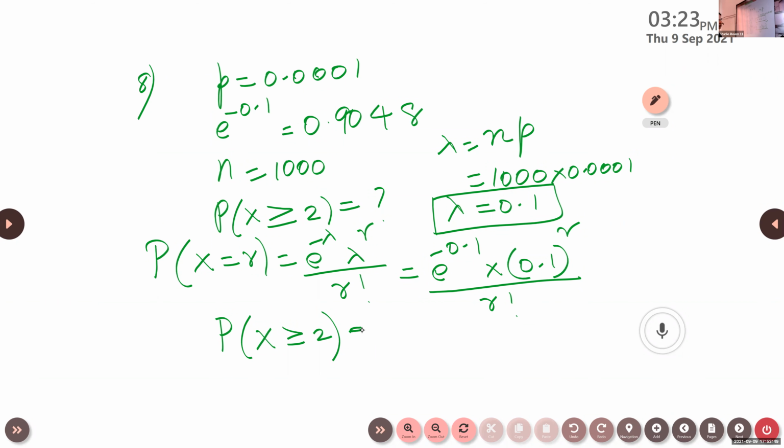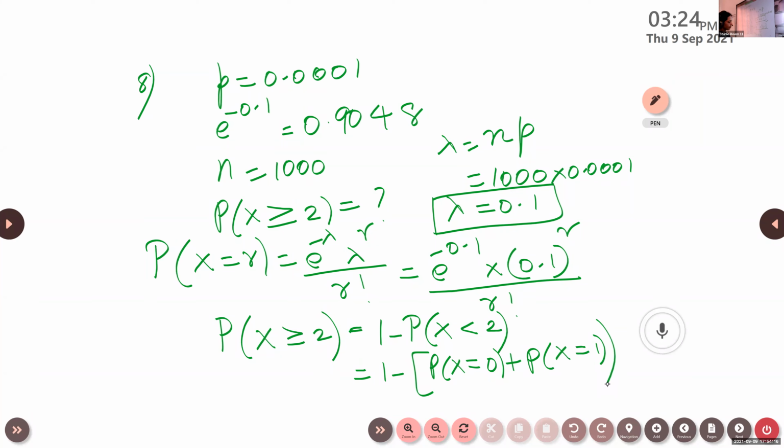P of x greater than or equal to 2 will be the same as 1 minus P of x less than 2. Is it correct? It's the complementary. X less than 2 means what are the possibilities? X can take 0, x can take 1. P of x equal to 0 and x equal to 1.